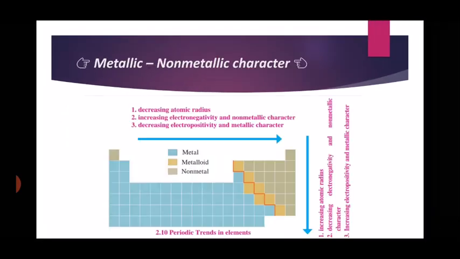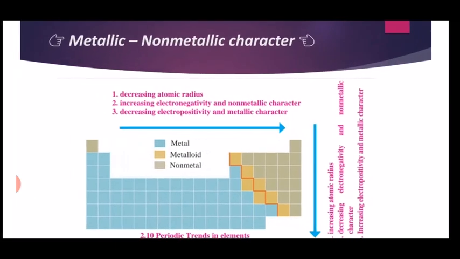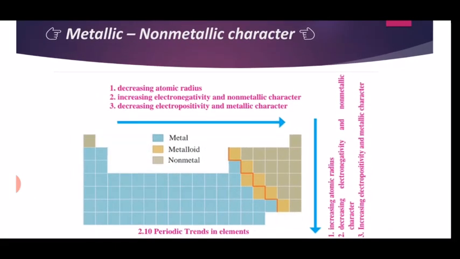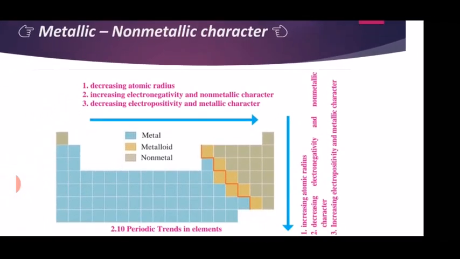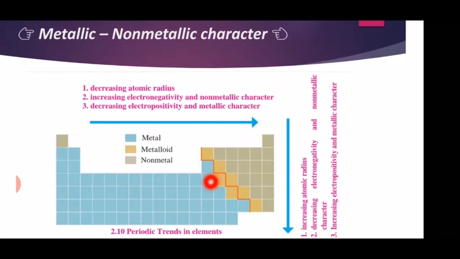Now come to the next topic, that is metallic and non-metallic character. I already discussed this. Now see here, periodic trends in the elements. See here the zigzag line. What is this zigzag line showing?